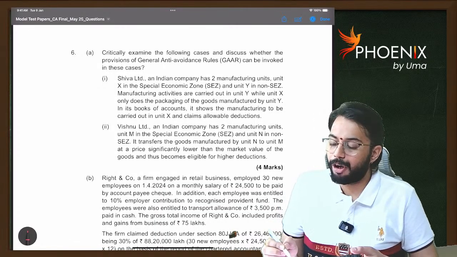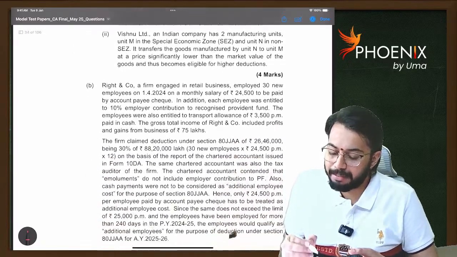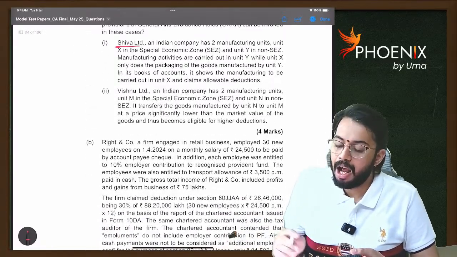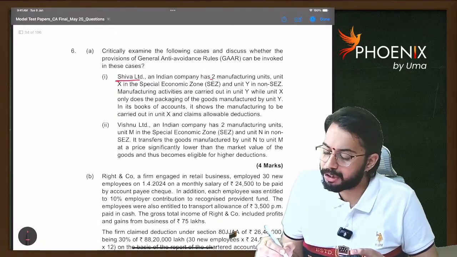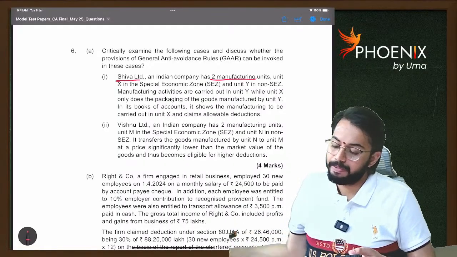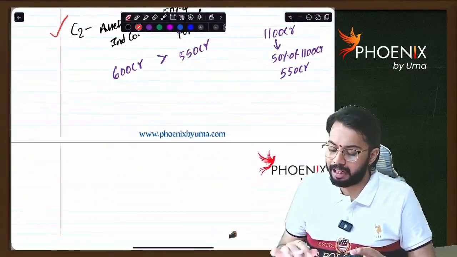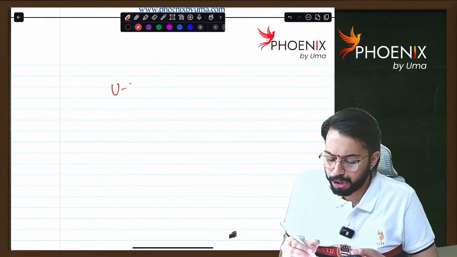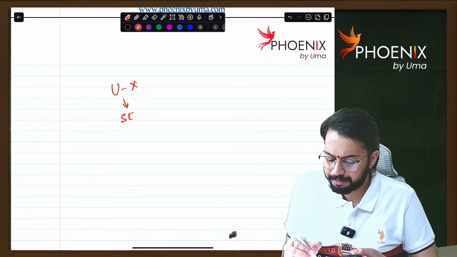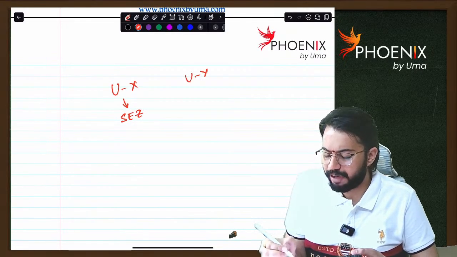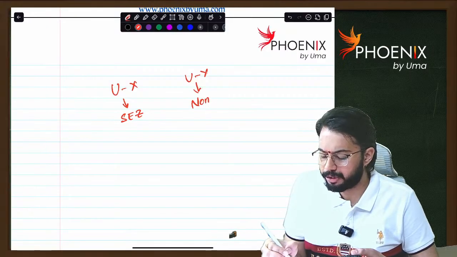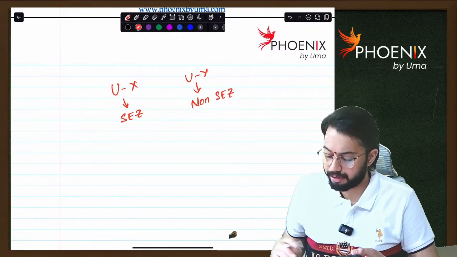Critically examine following cases. Okay. Shiva Limited, an Indian company, has two manufacturing units. Unit X in special economic zone, Unit Y in non-special economic zone. So Unit X is in SEZ, Unit Y is in non-special economic zone, non-SEZ.